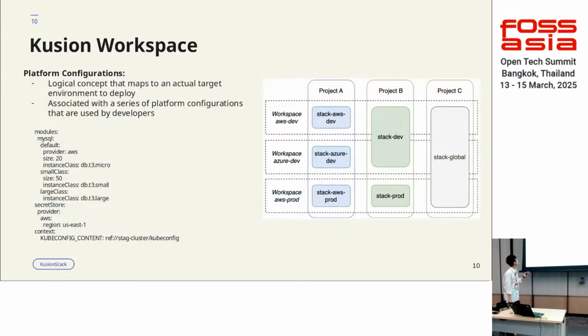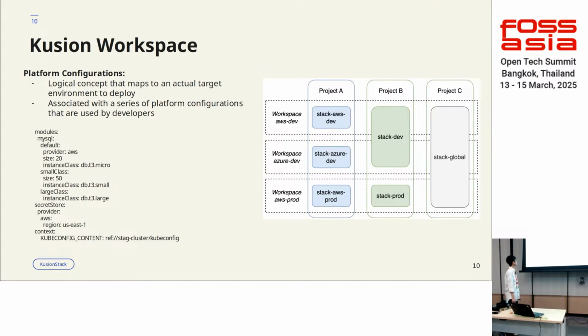And next, we come to the workspace configuration. A workspace is a conceptual framework that corresponds to a specific target environment used for deploying application stacks. In contemporary usage, this typically refers to a Kubernetes cluster, which hosts the application workload, along with an optional cloud account, maybe AWS or GCP, for provisioning the necessary infrastructure resources, such as a DB.